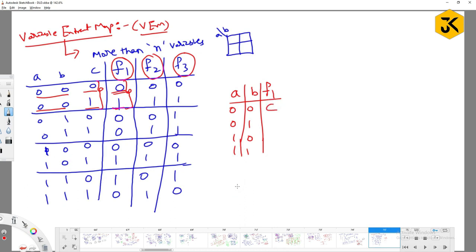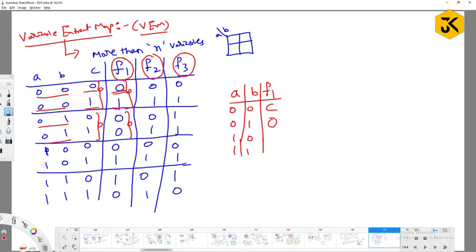Yes. Similarly, if you observe 0 1 as input, you get 0 as output. Meaning that irrespective of input C, when you get the input 0 1, you get the output 0. So what can I write here? 0.